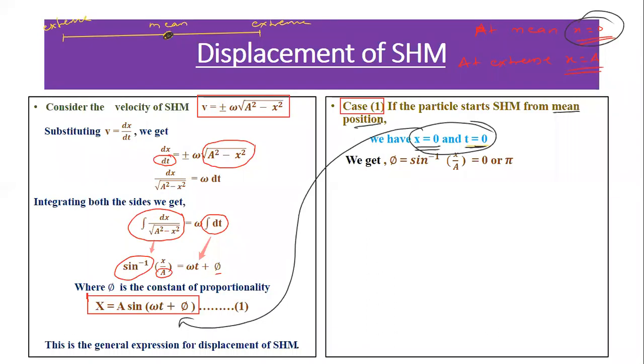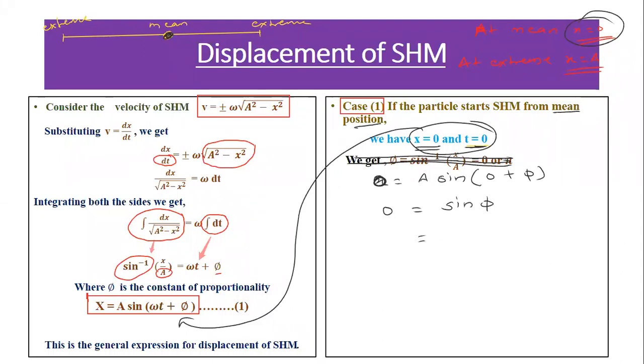Now let me substitute here. x is equal to a sine omega into 0, which is 0, plus phi, and x is 0, so 0 is equal to a sine of phi.